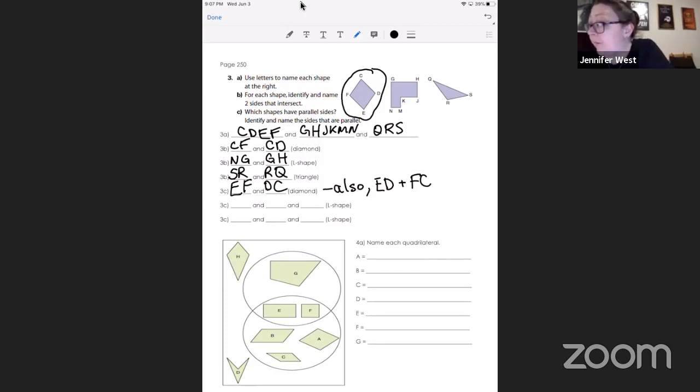And the L shape has NG and MK as parallel sides. And let's see here.